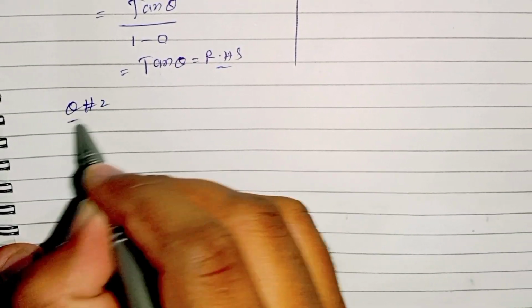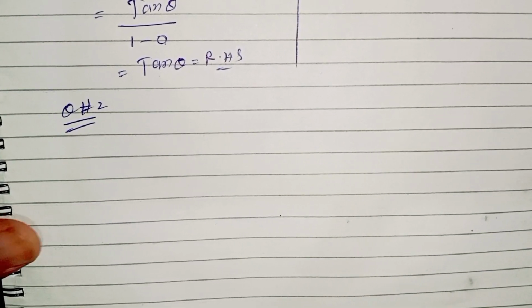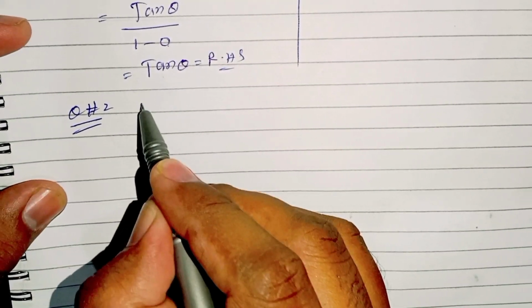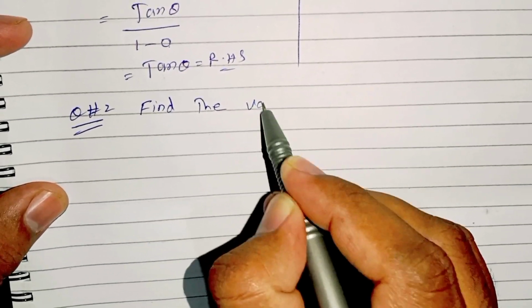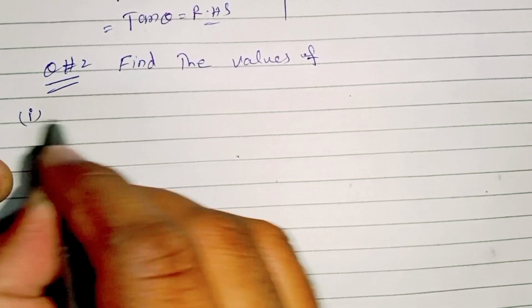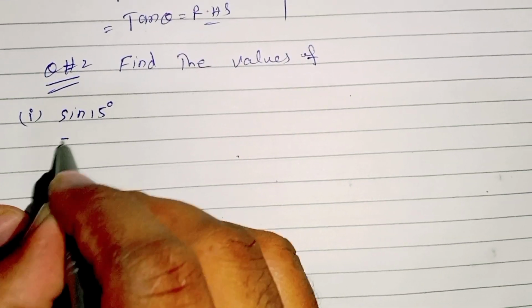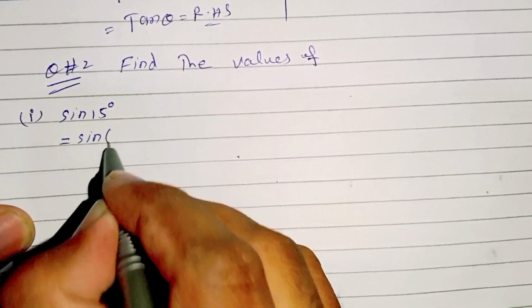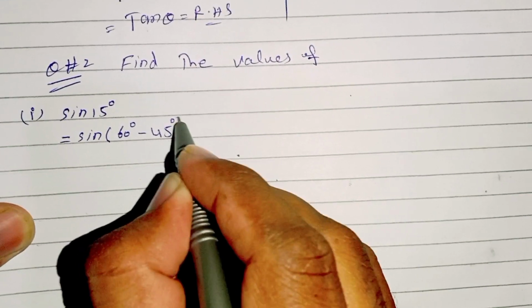Question number 2. Find the values of. Part number 1 is sine 15 degree, which is equal to sine of 60 degree minus 45 degree.